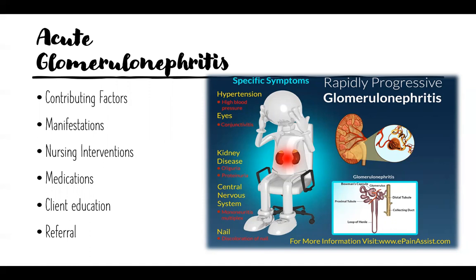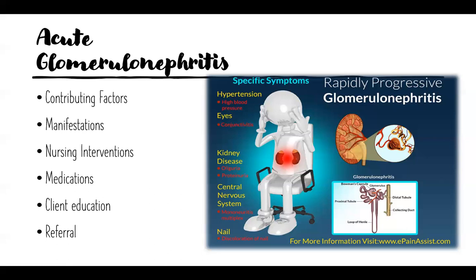The prognosis is good if treatment is implemented. So what are the contributing factors to acute glomerulonephritis? Well, a beta hemolytic streptococcal infection, and it can also follow tonsillitis or pharyngitis.